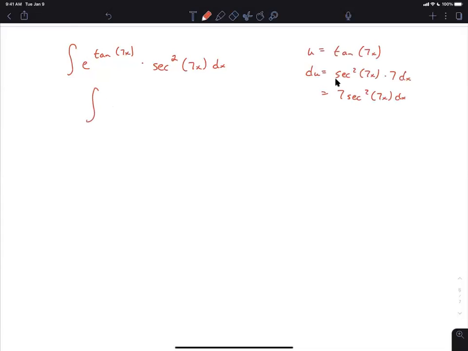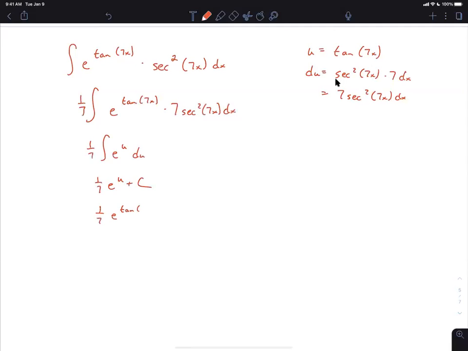And so we're going to multiply inside by 7, and in order to do that, we're going to multiply outside by 1 over 7. So we get 1/7 e to the u du inside the integral, and then 1/7 e to the u plus c. I don't think you were even asking how to do this problem, but I thought it was worth looking at.